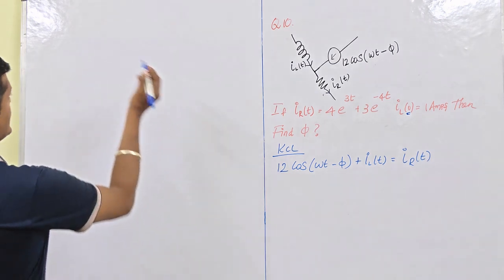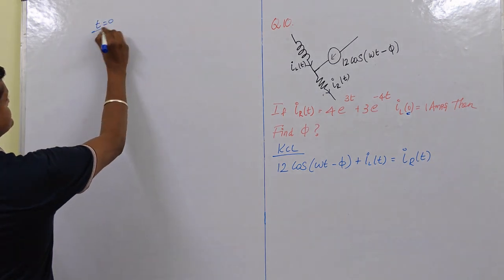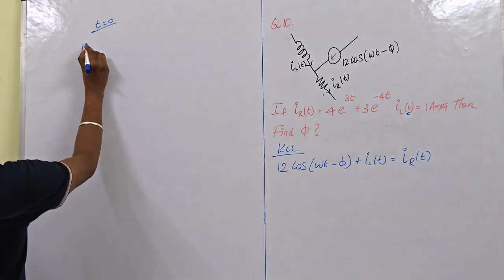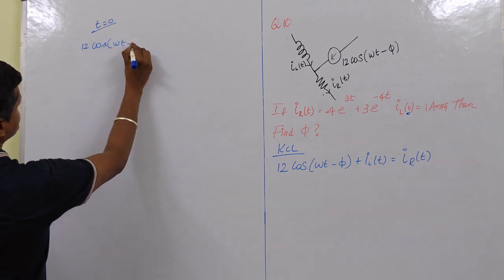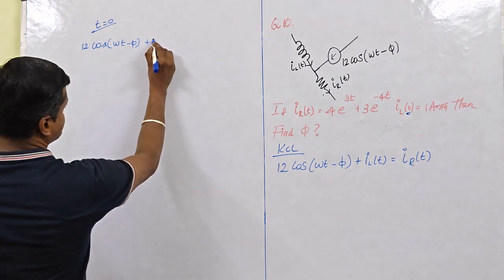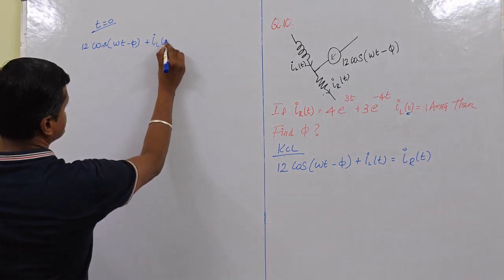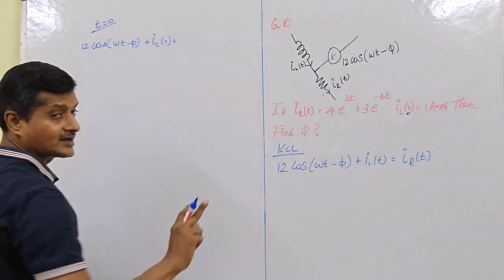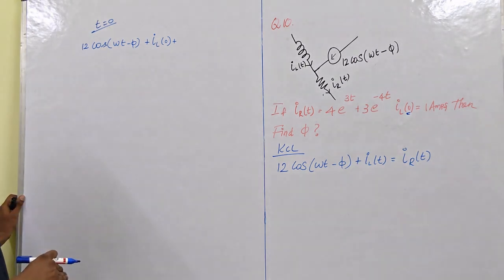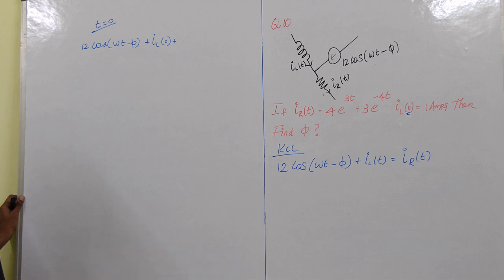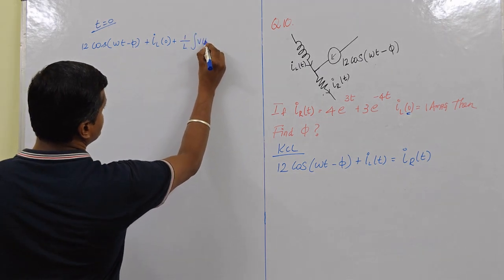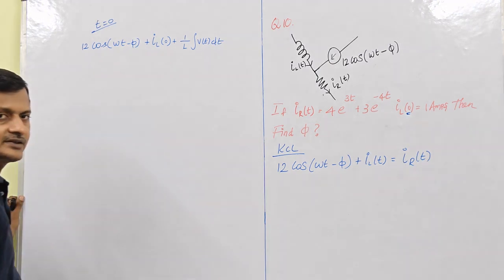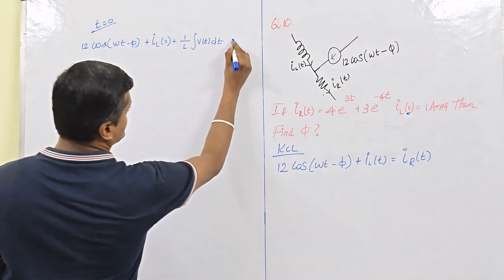Now at time t equal to 0, first we keep the value: 12 cos(omega t minus phi) plus IL of 0. The inductor would have had a storage current before this. The inductor current equation is IL equal to 1 by L integral of V of t dt.